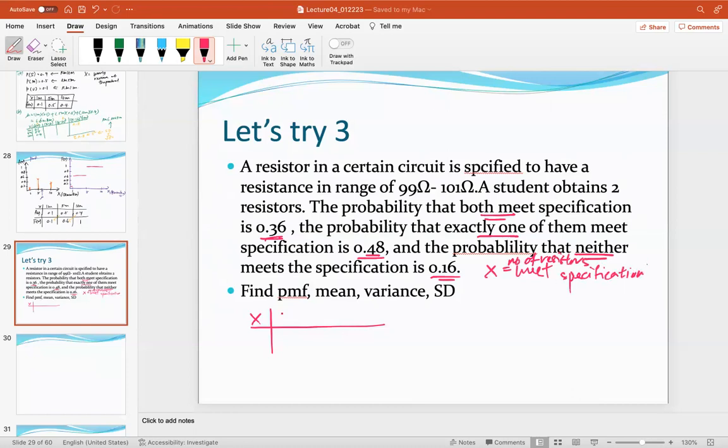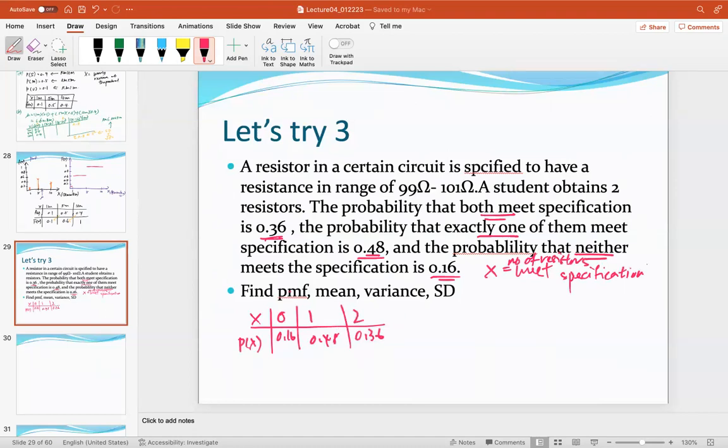Starting with 0 first, 0 is 0.16, 1 is 0.48, 2 is 0.36.